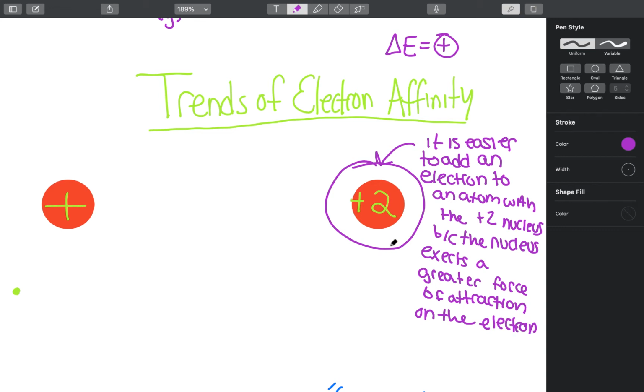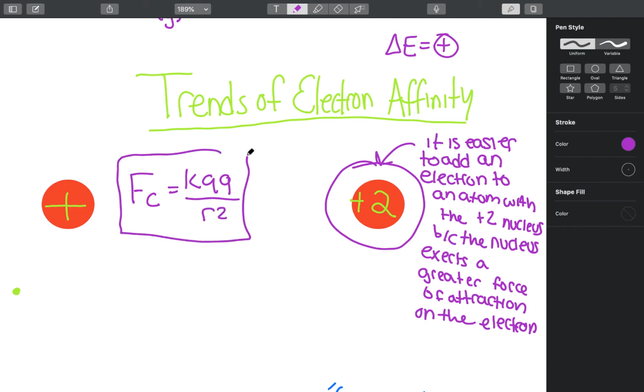So you may remember that we can express this force of attraction by Coulomb's law. Coulomb's law is equal to a constant times the product of two charges over the distance squared between the two species. So as we increase the charge of the nucleus, there's a greater force of attraction. So therefore, we can extend this to effective nuclear charge.